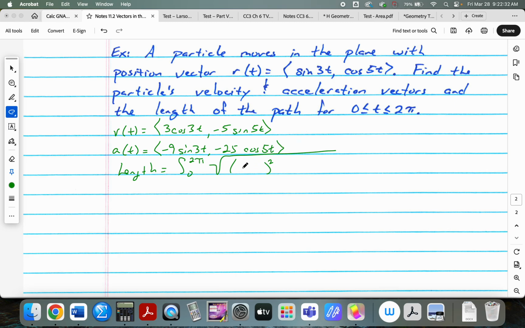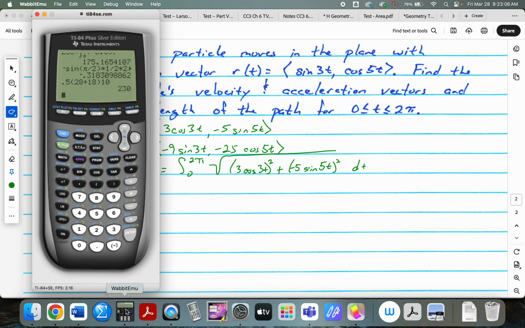So this is going to be 3 cosine 3t quantity squared plus 5, I guess I should put in the negative, although it's not going to matter because we're going to square it, 5 sine of 5t squared dt. There are ways to do things like that, but it's not something that the AP exam is going to ask you about. So at that point, we'll just grab a calculator.